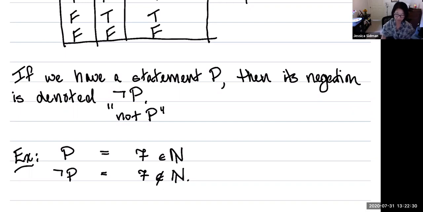So this one is true and this one is false. You'll have some examples in the pre-class questions. You're going to be asked to translate between logical notation and words, statements back and forth, and also combining statements with and, or, not.